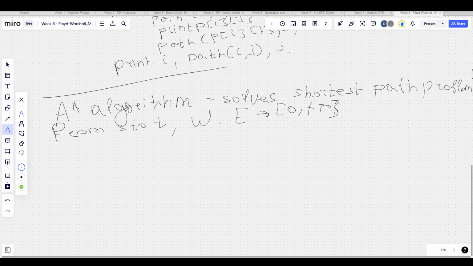In this task we are going to change the Dijkstra algorithm to A star. We just want to improve our Dijkstra algorithm. It's similar to Dijkstra.